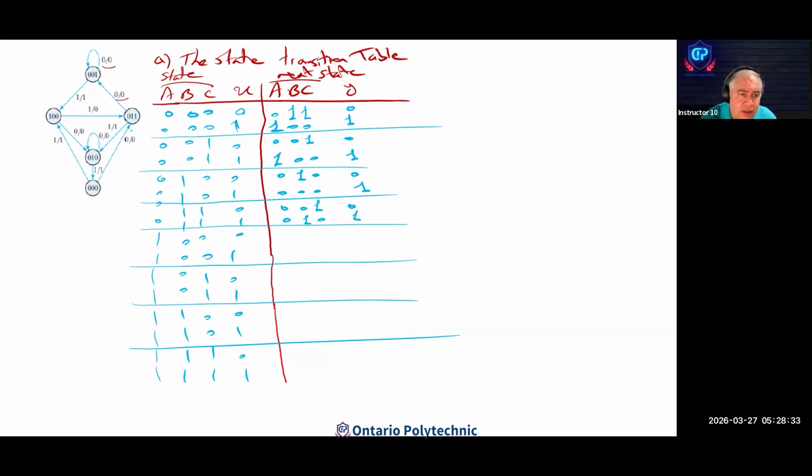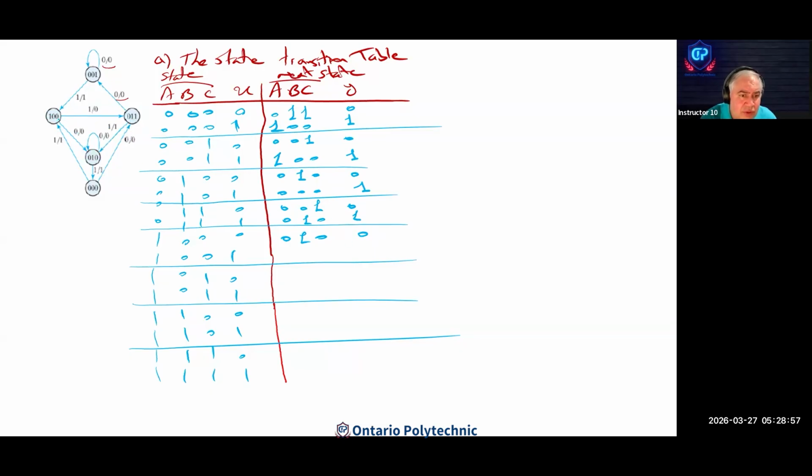The next state is 0, 1, 0. And 1, 0, 0 here: input 0, we can go to 0, 1, 0. The output is 0. 1, 0, 0, input is 0, we can go to 1, 0, 1, and output is 0.